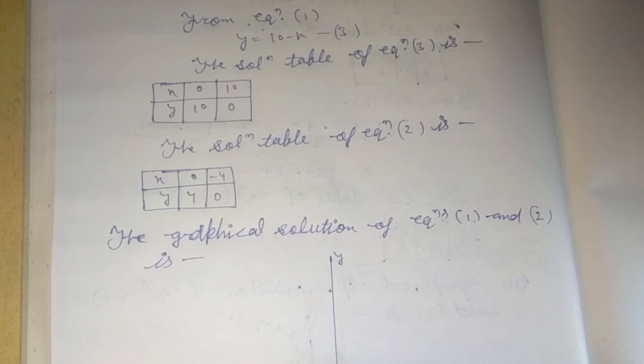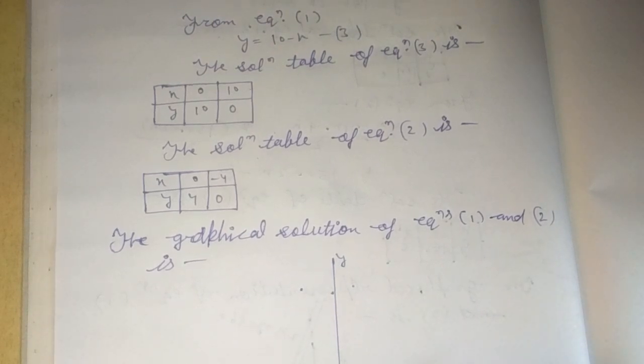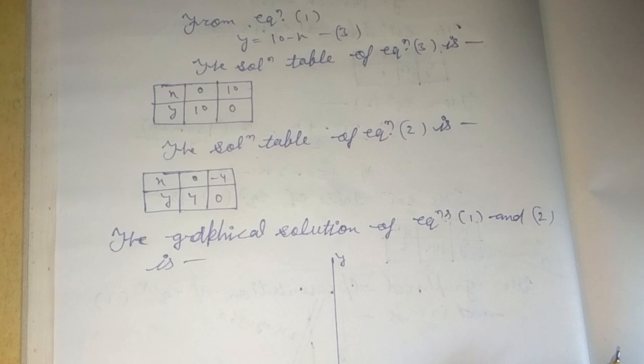2, 4, 6, 8, 10, 12, and minus 2, minus 4. Along the y-axis we take 1 centimeter equal to 2 units.